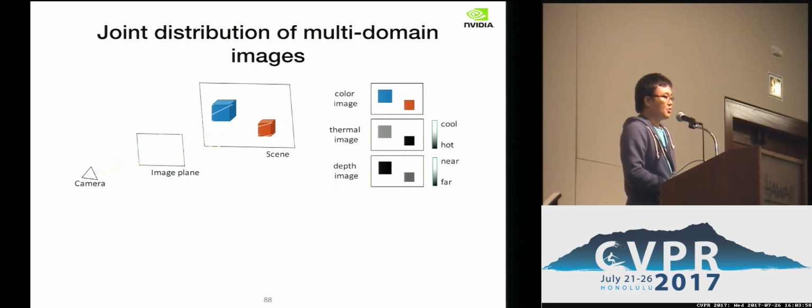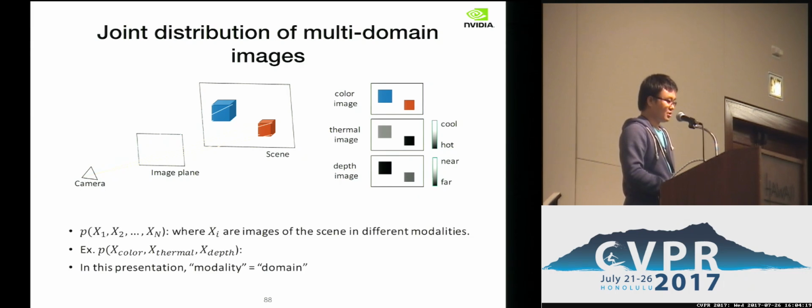If you use a CMOS sensor, you get a color image. Use a thermal sensor, you get thermal images. And if you use a depth sensor, you get depth images. So naturally, for natural scenes, there's a joint distribution of multi-domain images. That's our target. We want to learn this distribution.